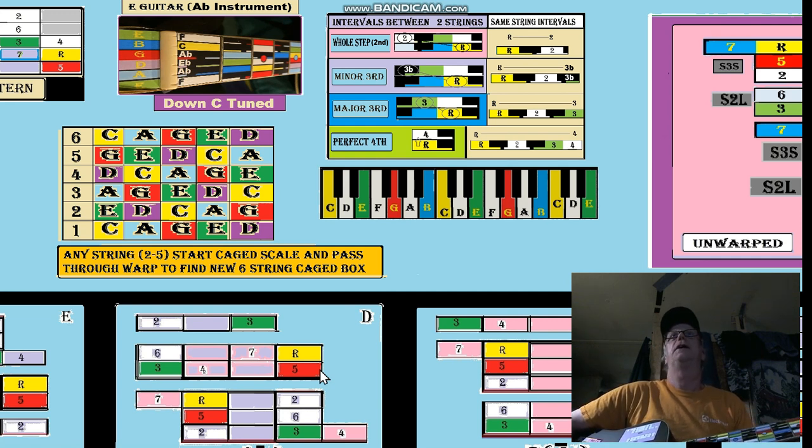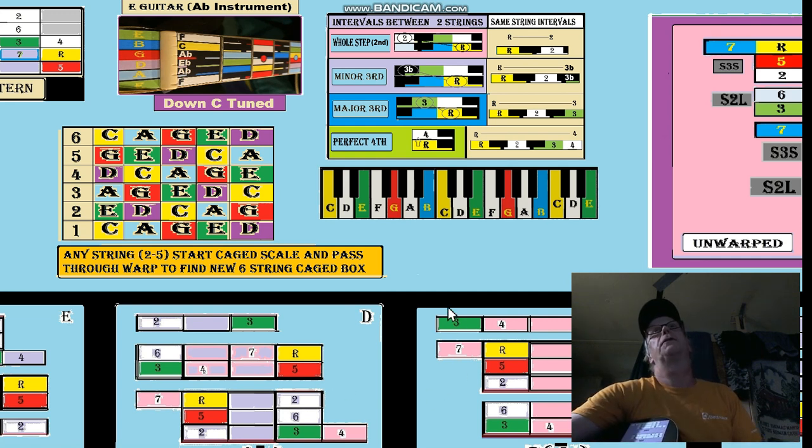I can tell that it's the key of C because we've got the red 5 here. You see the red G? You got to know in piano, this is A, B, C, D, E, F, G, A, B, C. That's what the piano keys look like. So anyway, starting on the 2.